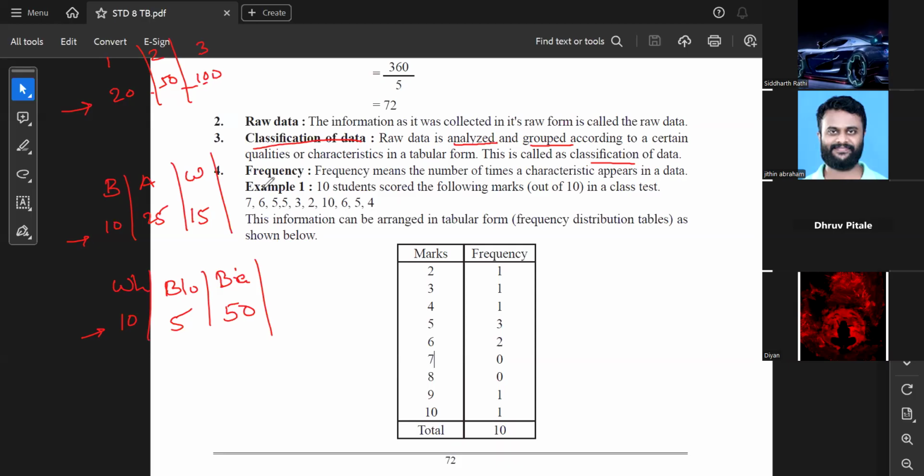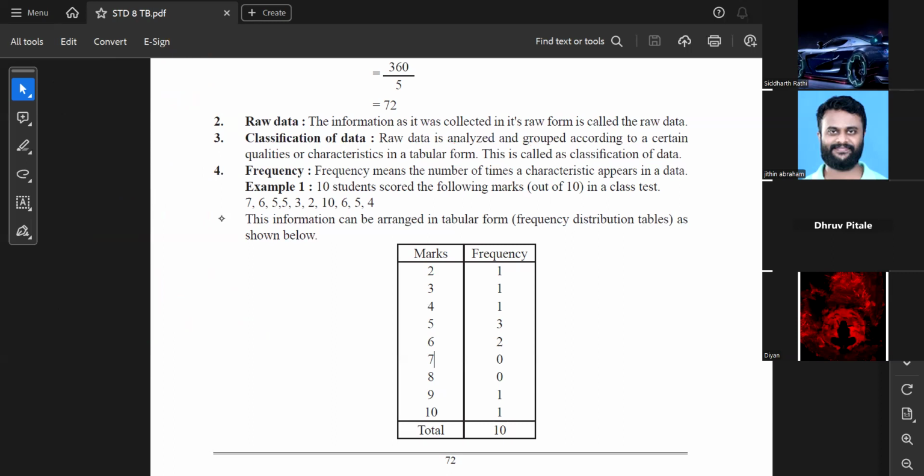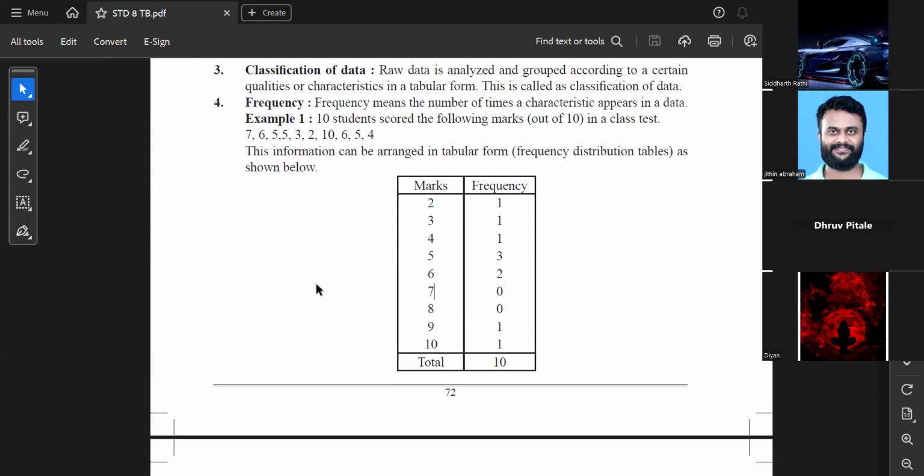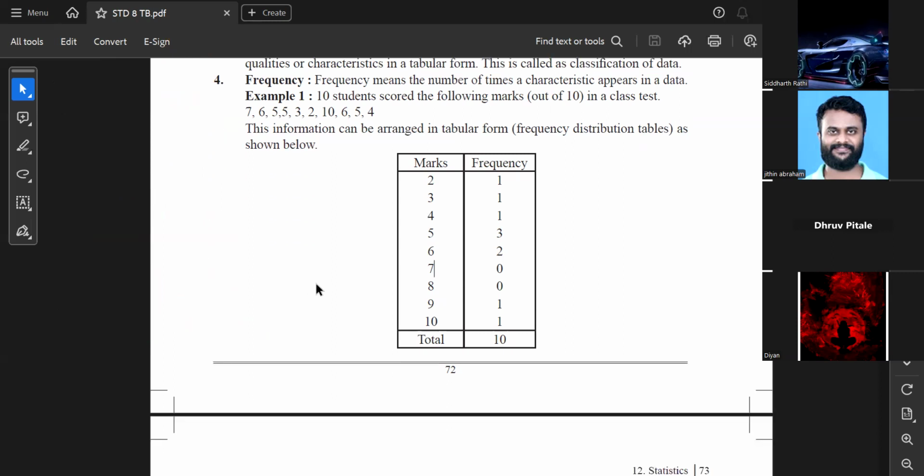Like four straight lines, and then one slanting line to represent frequency, like that. Don't worry, I'll come to that point. I'm yet to come to that point. I will explain that time. Okay, sir.